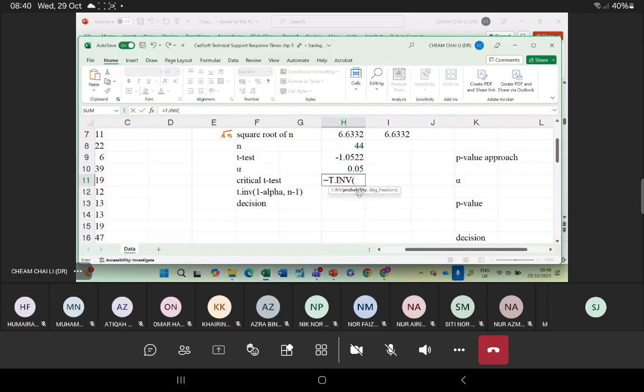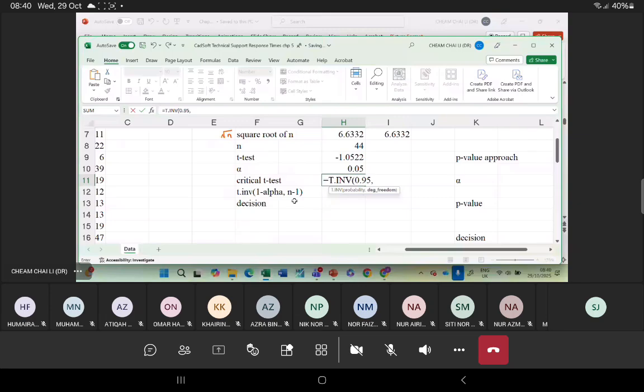So untuk dapatkan probability, kita kena ambil satu tolak dengan alpha. So 1 minus alpha. Let me check first. 1 minus 0.05, so you get 0.95.